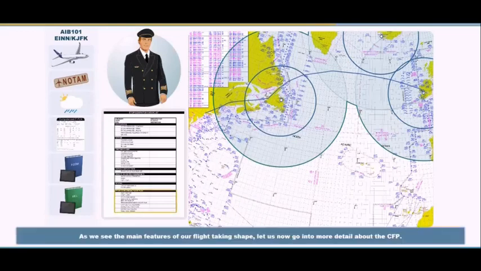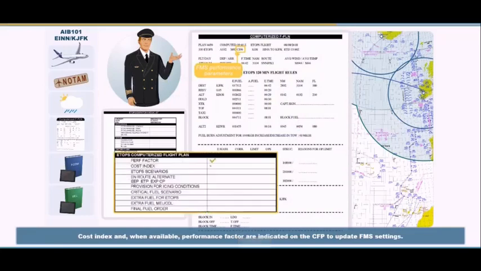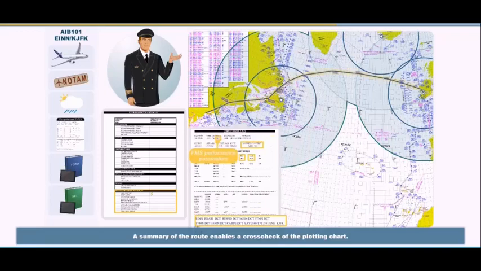As we see the main features of our flight taking shape, let us now go into more detail about the CFP. Cost index and, when available, performance factor are indicated on this CFP to update FMS settings. Indication of the average wind and temperature enable a gross comparison of the trip distance and air distance. A summary of the route enables a cross-check of the plotting chart.